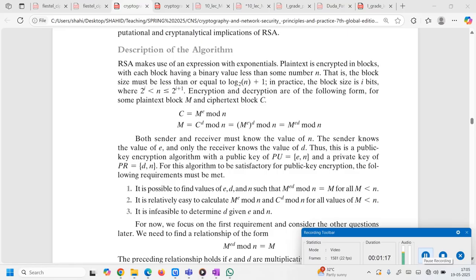Because we discussed previously that plain text is encrypted in blocks where each block has a binary value less than or equal to some number N, that is the binary value of N actually. So this will become more clear when we do some example.